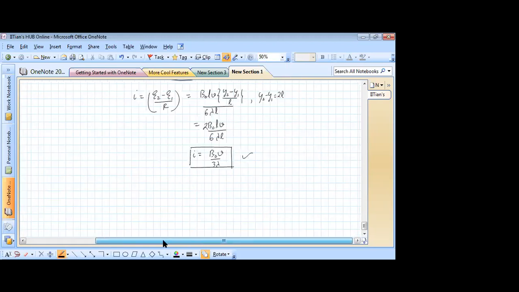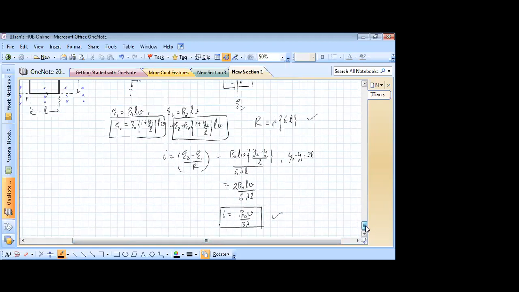Should be correct. Okay, so 2 B naught L v divided by the effective resistance, which will become 4 plus 2 is 6 lambda. So it seems correct. Okay. So this is the instantaneous current.